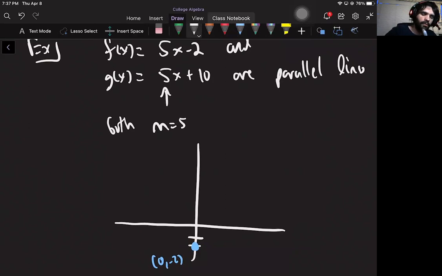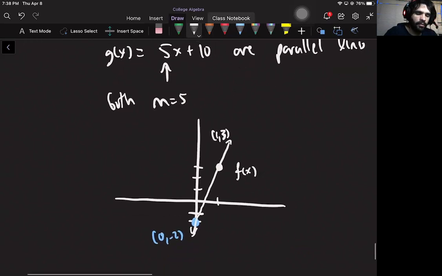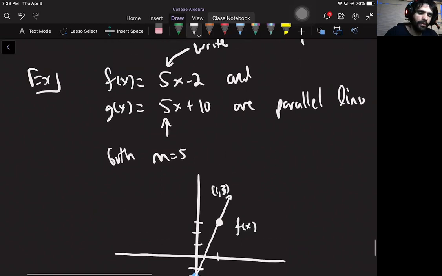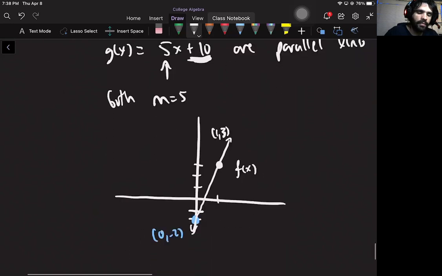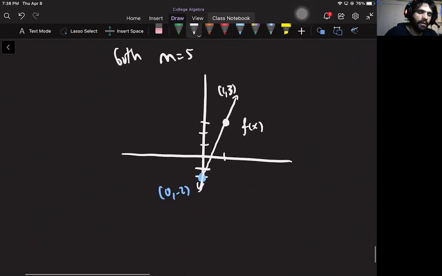So 1, 2, 3, 4, 5, and over 1 to get to the next point. So this will be (1, 3). And that would be my graph of f of x. So g of x, I did not leave much room for because it starts up at 10. So we're not going to draw that one, but it would be parallel.